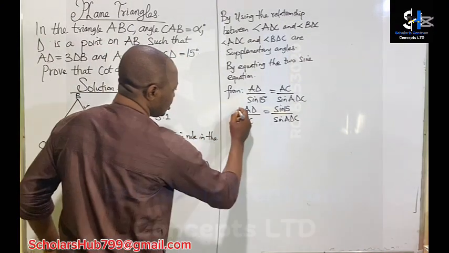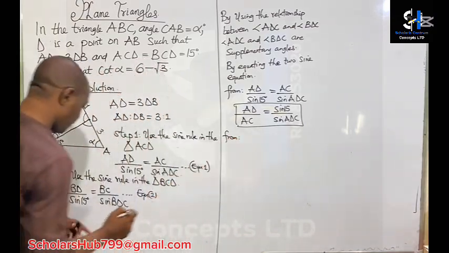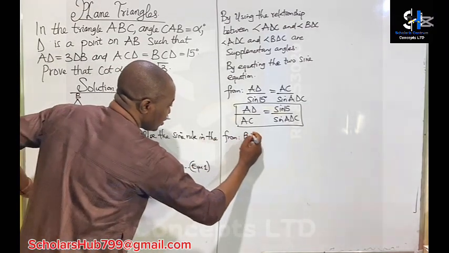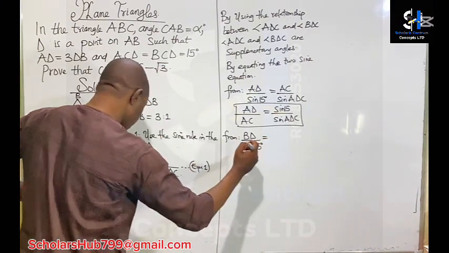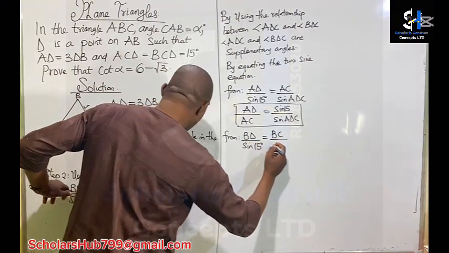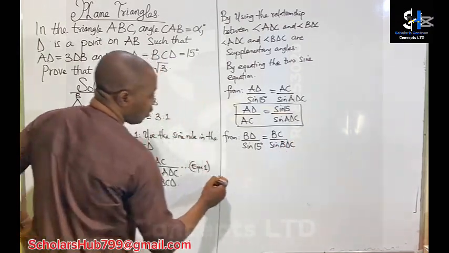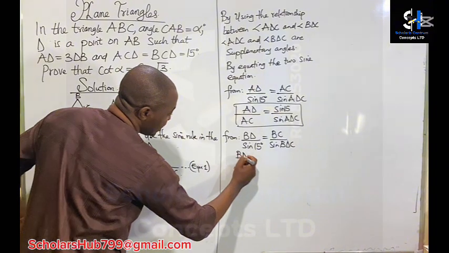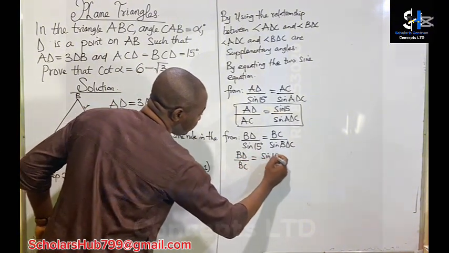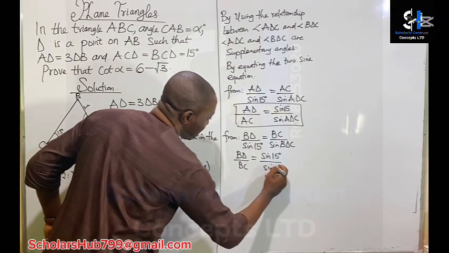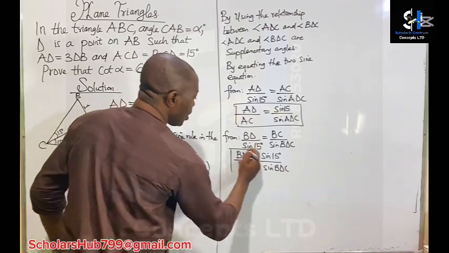Note that this is very important. Also from BD over sine 15 degrees equals BC over sine BDC, we can write BD over BC equals sine 15 degrees over sine BDC.